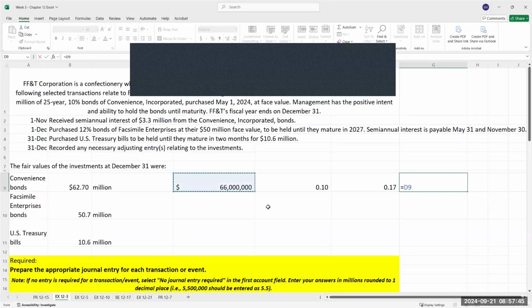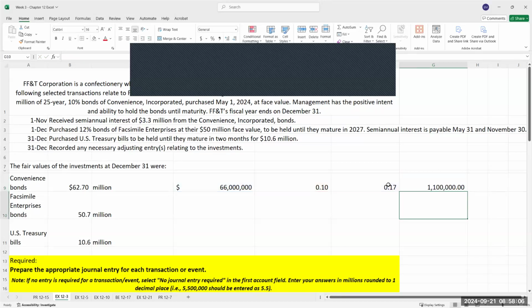So 66 million multiplied by the interest rate, which is annual. And from there, we multiply it by the 2 months for which we are accruing interest. As we see here, the last interest payment was November 1st. So the month of November has passed and the month of December has passed. So therefore, we need to account for $1.1 million that has accrued for November and December.